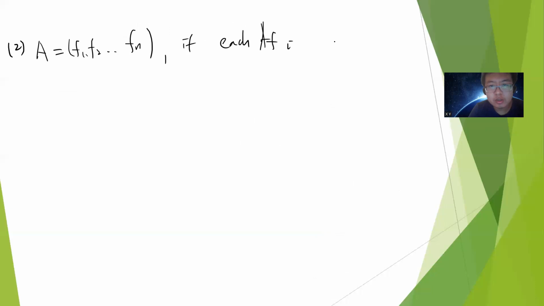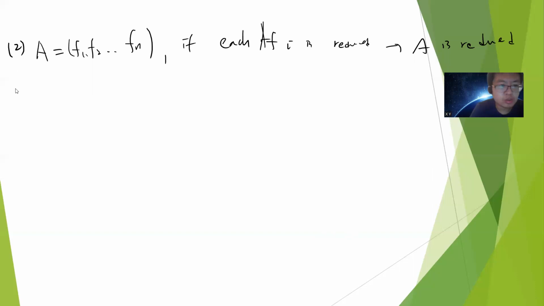Okay, so this one is simple, and the second one is also interesting, so you should play around with it. The second one is that suppose A is generated by f1, f2, up to fn, and we want to say that if each A_fi is reduced, then A is reduced. This one is interesting.